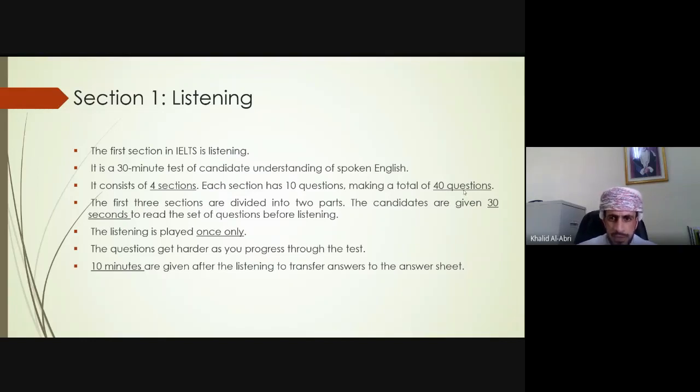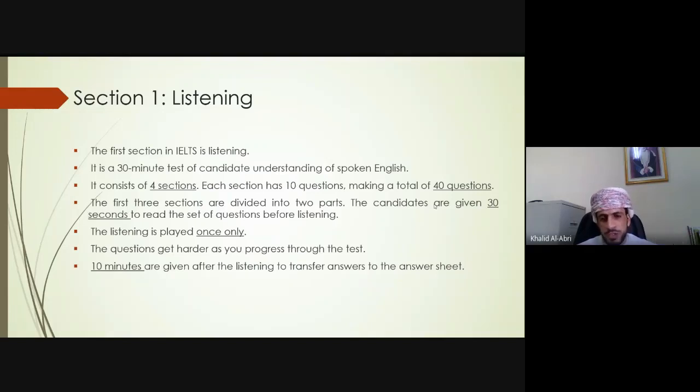In the listening part, there are 40 questions. However, you are not requested to answer them all together. They are divided, and this is something good about the listening exam. The questions are divided into parts. They will tell you now we are in section 1, read questions 1 to 5.